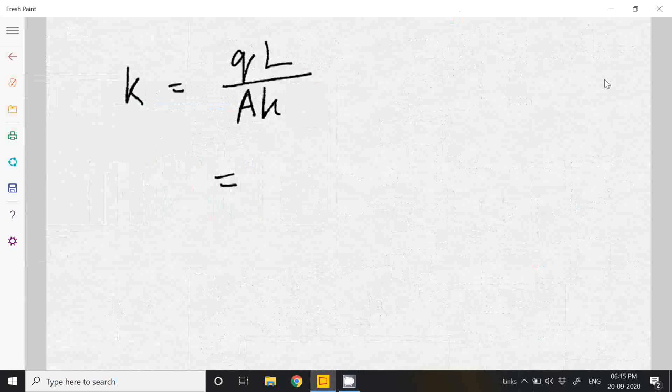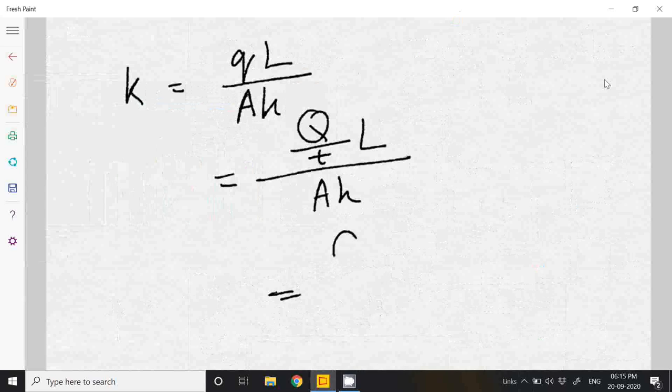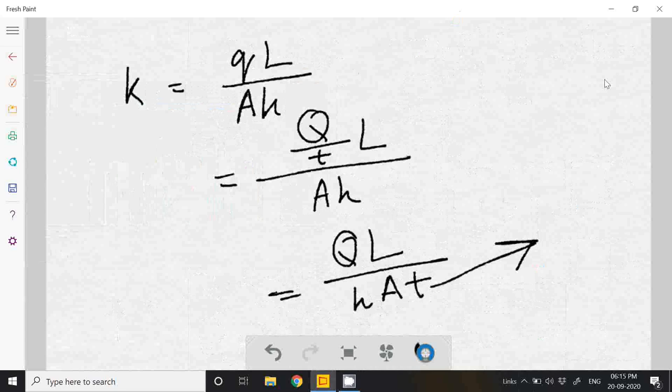So in place of Q, I will write Q by t, so K equals QL by HAt. Here t is the time interval in which the experiment is done. Ultimately, in this way we can find out K.